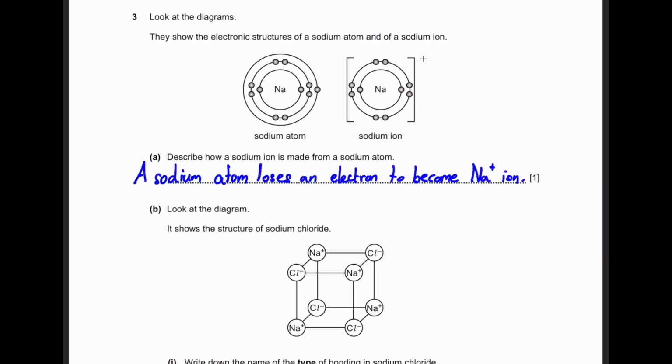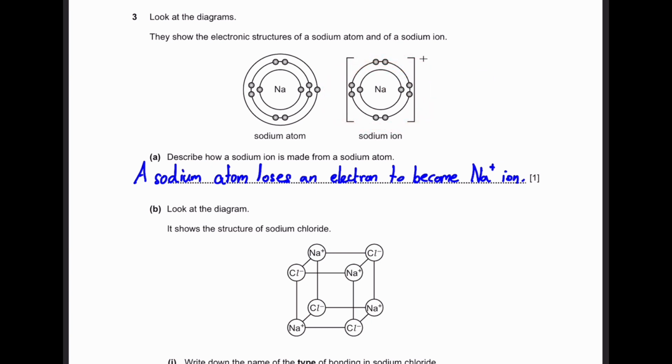Look at the diagrams. They show the electronic structures of a sodium atom and a sodium ion. This sodium ion is an Na plus ion, which means it has one extra proton compared to electrons. In a normal sodium atom, there are 11 protons, 11 electrons. Over here, there's 11 protons and 10 electrons. It lost an electron so that it can get an octet structure.